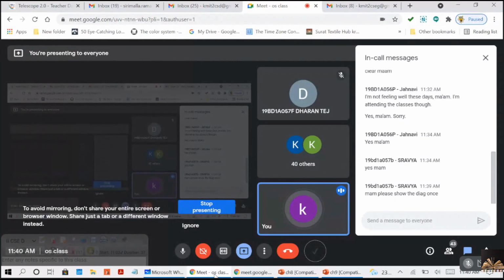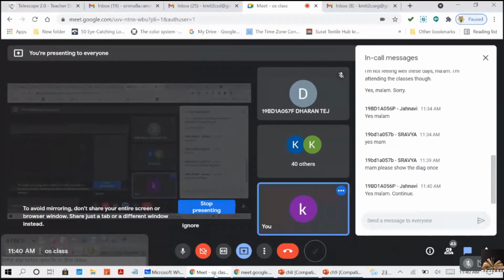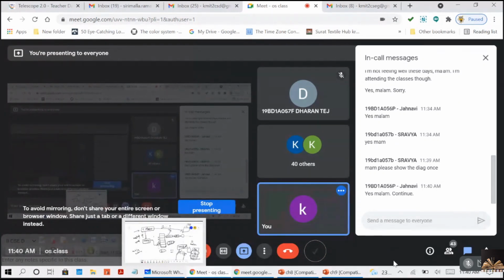I can directly go to page replacement algorithms. Continue means in what way, Jahnavi?